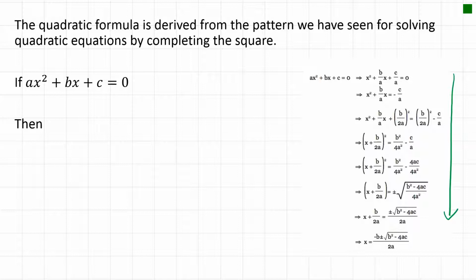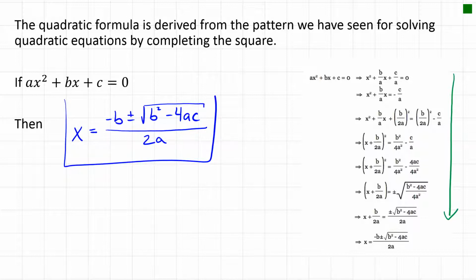So if we have a quadratic equation of the form ax squared plus bx plus c equals 0, then x is equal to negative b plus or minus the square root of b squared minus 4 times a times c, all of which is divided by 2a.